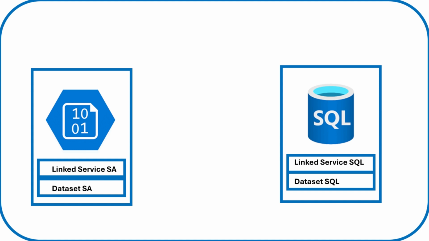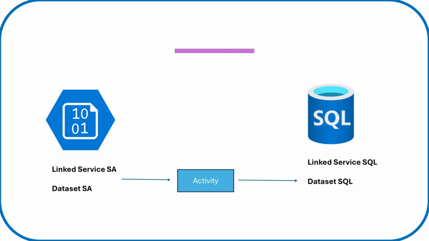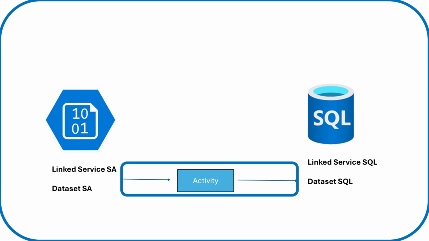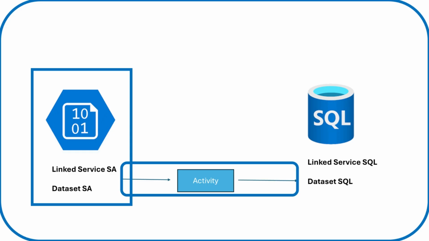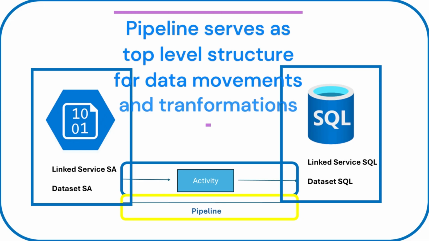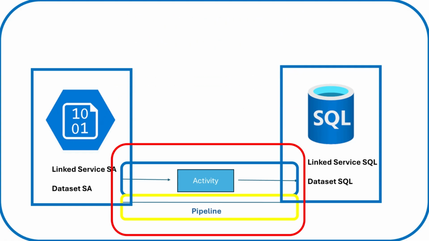Once the linked services and datasets are set up, the next step is to create an activity. The activity determines how data will be processed. In this case, we need to extract data from the source and load it into the target. This activity is created inside the pipeline, which serves as the top-level structure for data movement and transformations. Pipeline is the main workflow that orchestrates data processing.